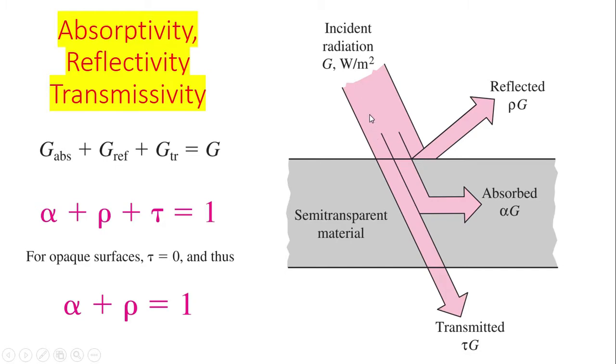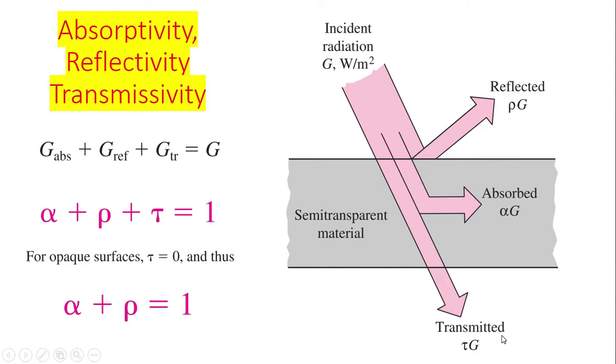If this is the incident radiation, the flux will be watt per meter square, and a part of the incident radiation is transmitted, passed through this semi-transparent material. Let's say the incident radiation is coming onto this surface, and 25% of the incoming radiation is passing through, transmitting through the surface.